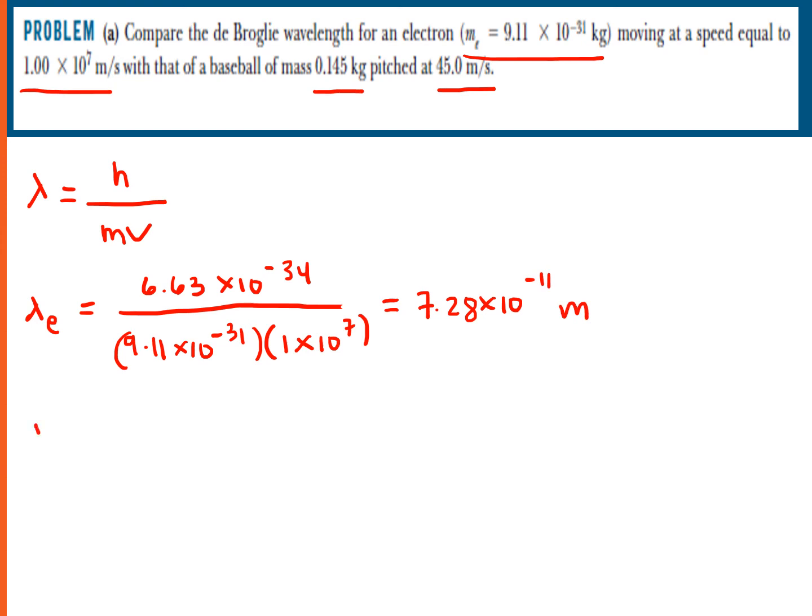This means then that in order for us to solve for the wavelength of the baseball, we'll call that lambda b, that would be equal to the Planck's constant divided by the mass of the baseball multiplied by the velocity of the baseball.